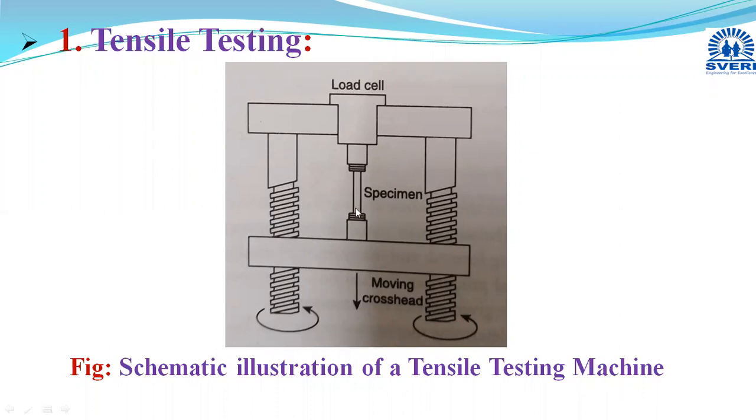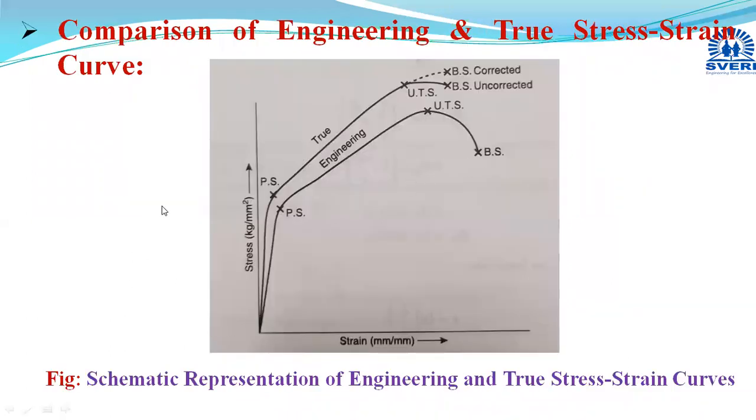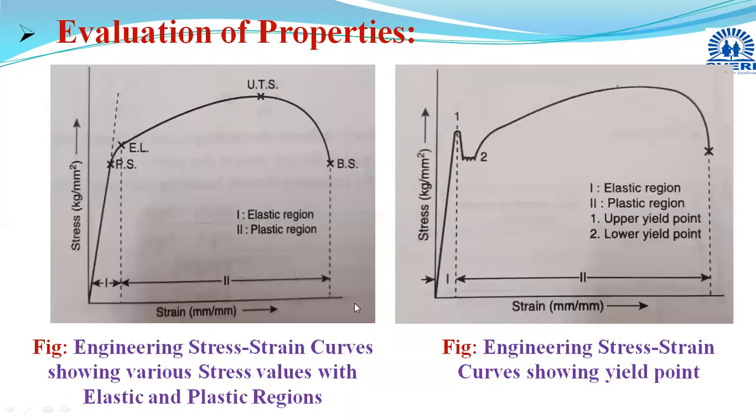This is the specimen, we apply load, and this is the outcome of that load-extension diagram, step by step, the effect of that load. Then depending on the material, we get different types of stress strain curves. This shows the stress strain curves for different kinds of materials.